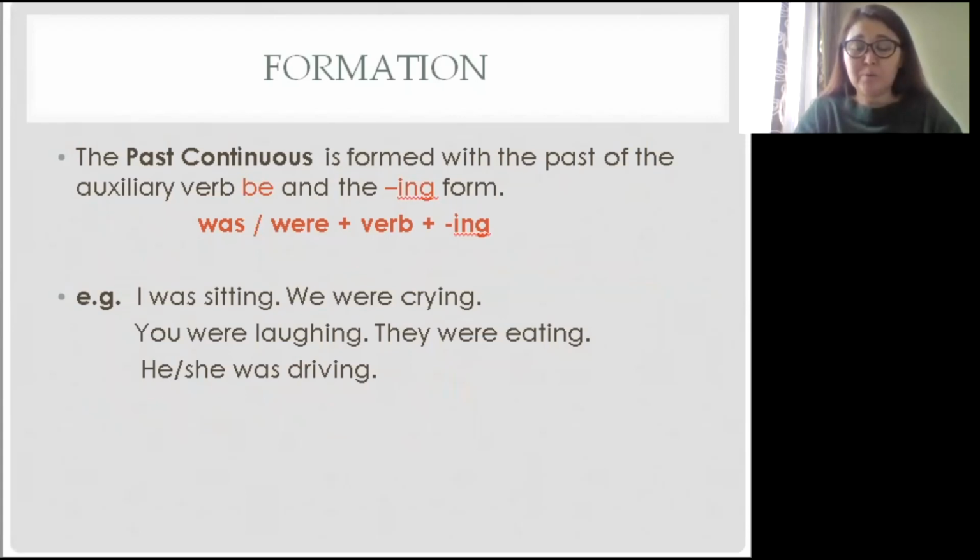Then we put verb plus ing. Examples: I was sitting, we were crying, you were laughing, they were eating, he, she was driving. So these sentences are presented in the past continuous.